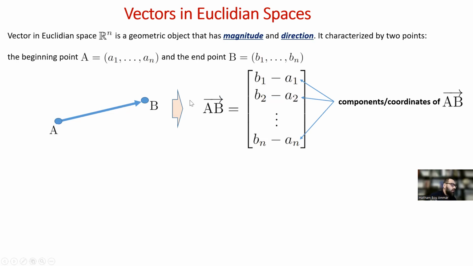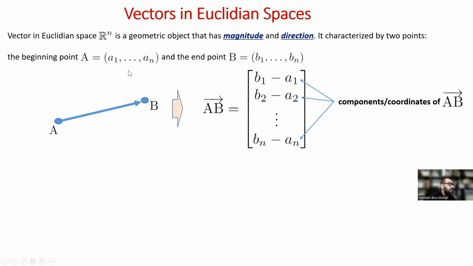So now if I give you the data points, so I give you 2 points, a beginning point A and an end point B, and then I ask, what about this vector AB components? Then all you need to do is take the first from the first and subtract them. That will be the first component of the vector.